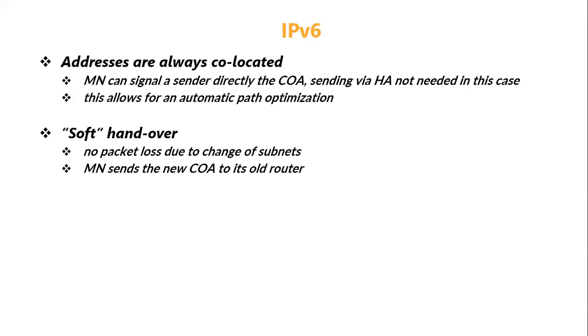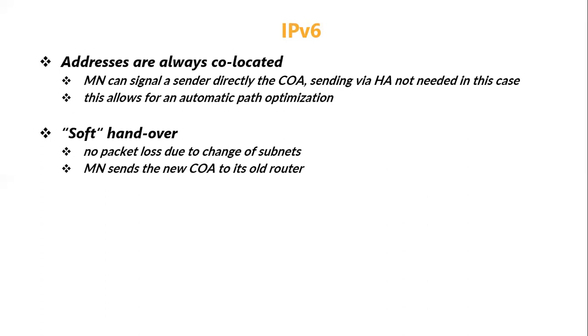There is no packet loss due to change of subnets. If the mobile node is moving from one subnet to another subnet, no packet loss will be created due to that. The mobile node sends the new COA to its old router.